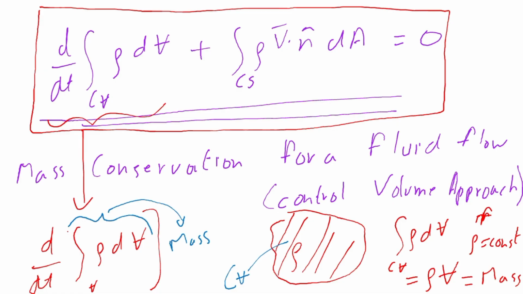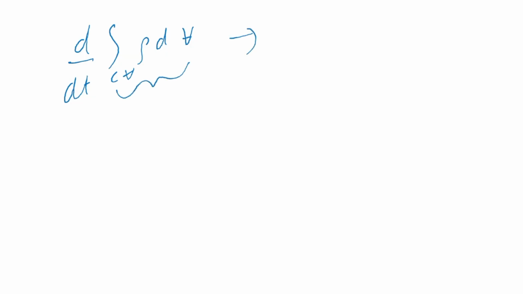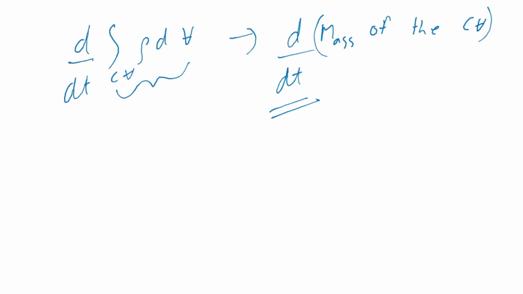And then you're taking the time derivative of it, which says how the mass of the control volume is changing with time.